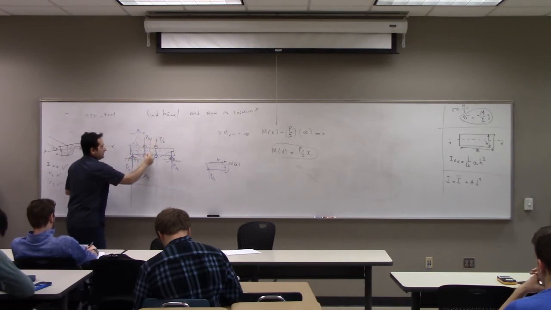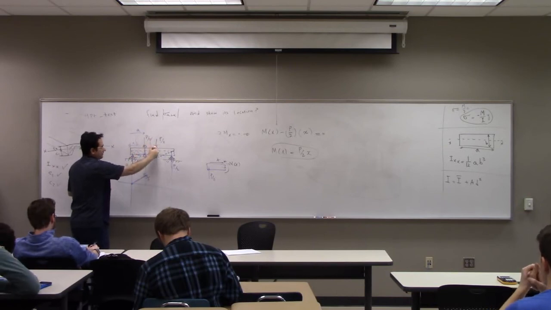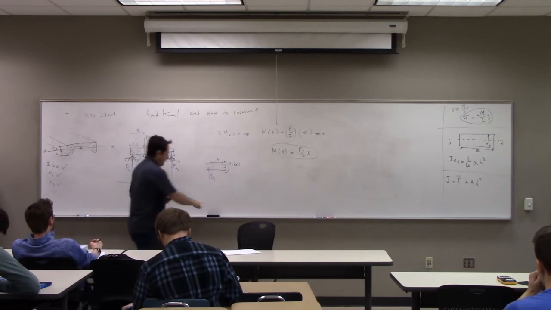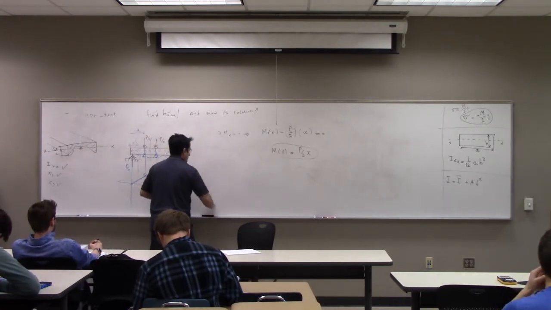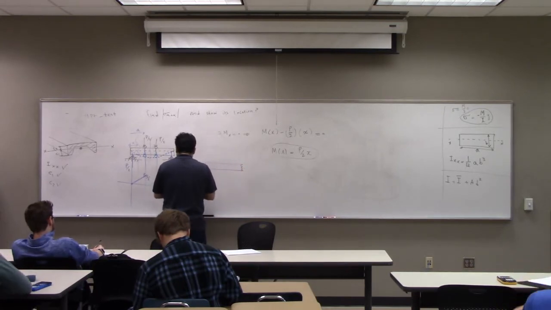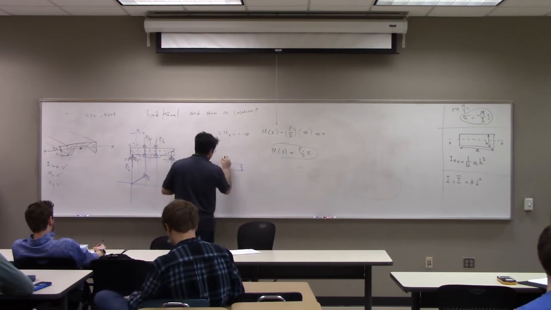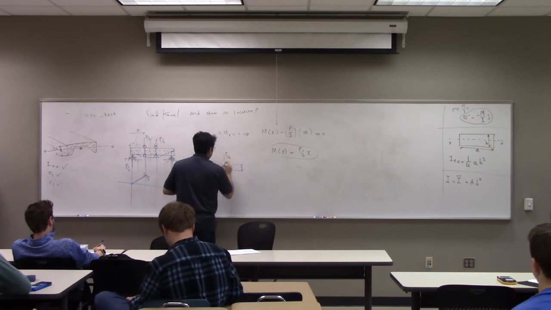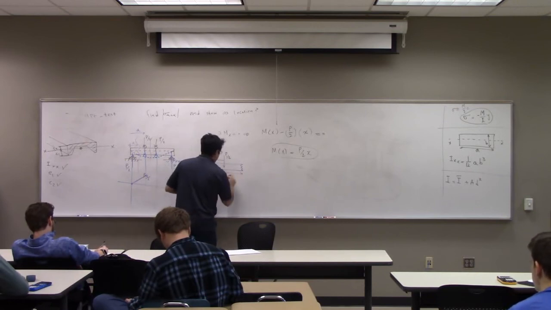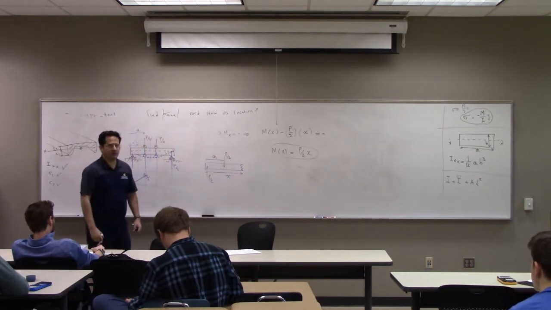Now let's go from here to here, between A and this point, which is L minus A. I'll do an FBD. It will look like that: P over 2 here, and P over 2 here. This distance is A, and from here to here is x.